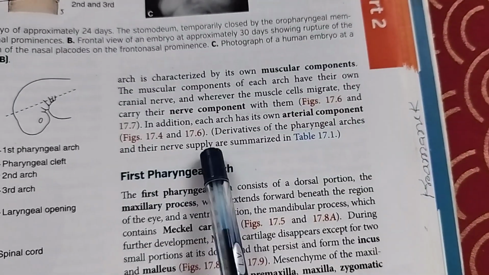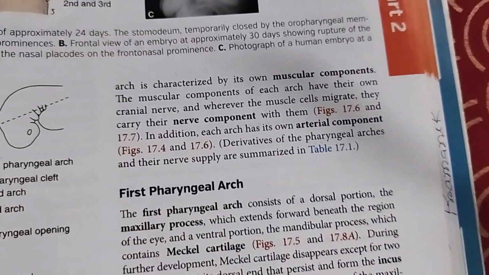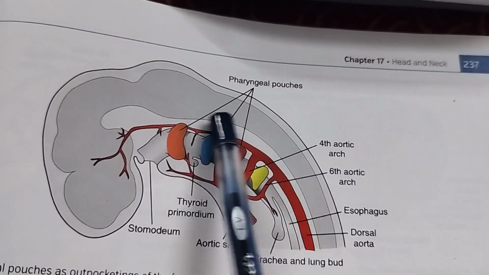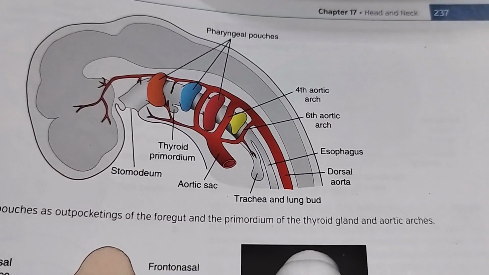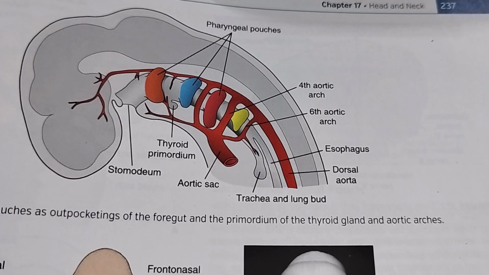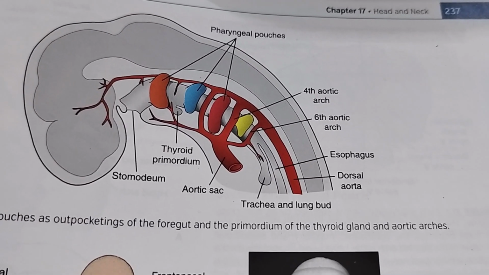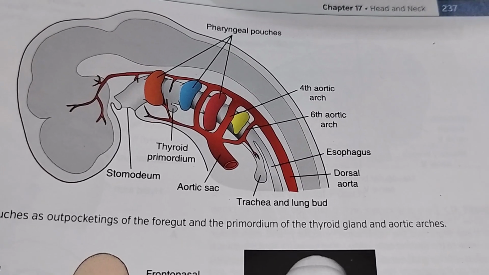And in addition to that, each arch has its own arterial component, and also its own nerve that will innervate the muscles that are originating from that arch.